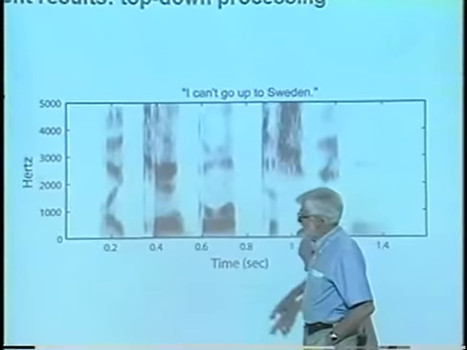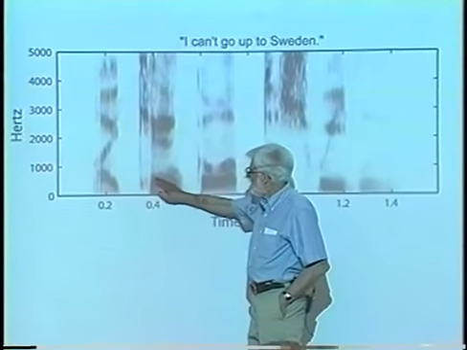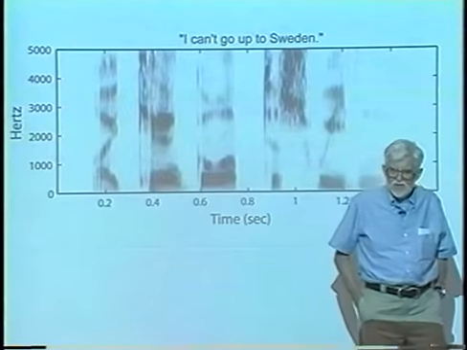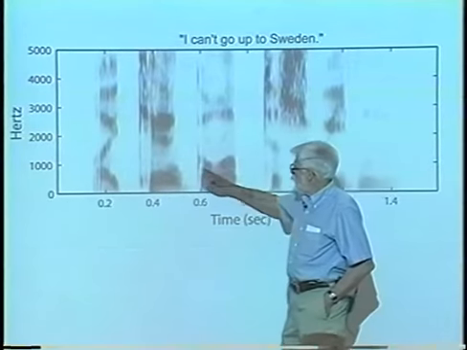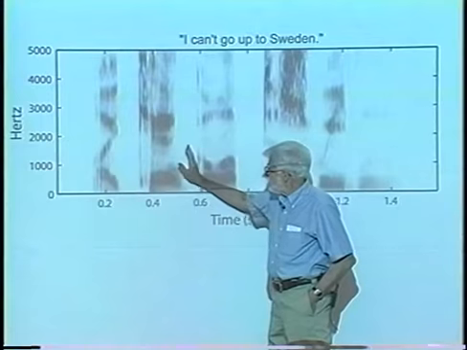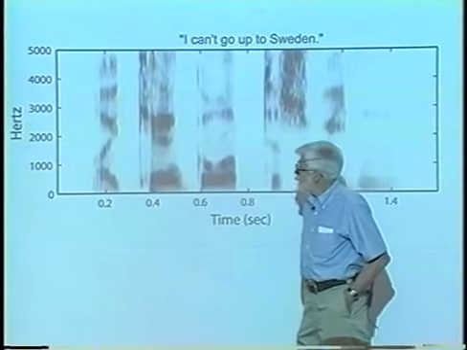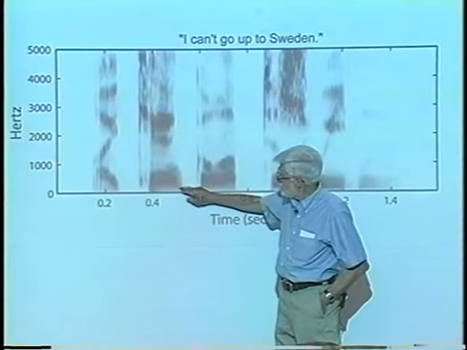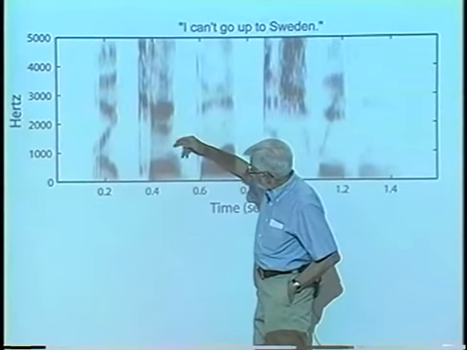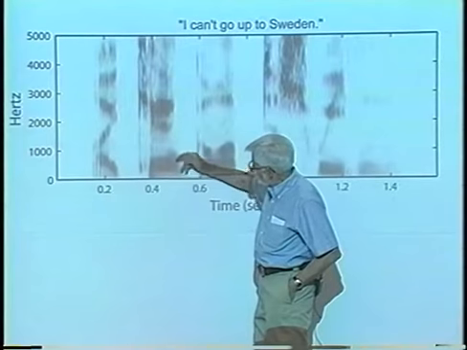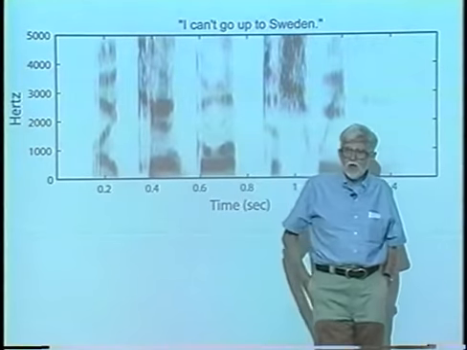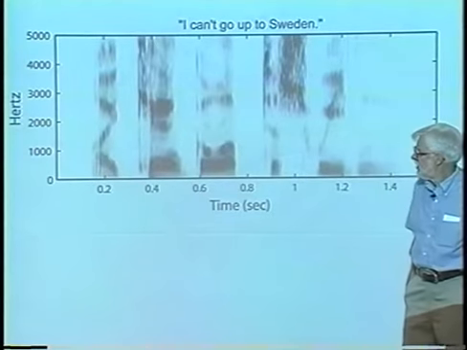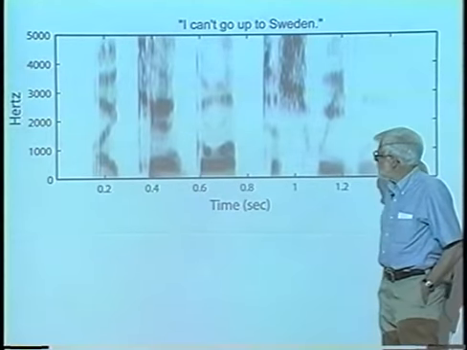So this K is coming through fairly well, but "I can't go up" is not. In fact, it's followed by a G, and it's possible that this G is influencing the N, and there's certainly no strong evidence of the T. In fact, in many utterances of this, you don't even see a nasal murmur. You just say, "I can't go." You don't even make a closure for the N or the T.